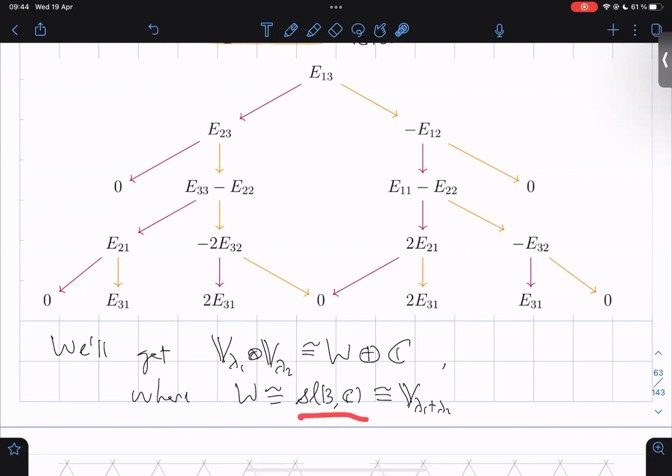You have trace-free matrices sitting inside all 3x3 matrices. What can you take as a basis for this trivial factor? It's just going to be the identity element, right? Because when I let an element from SL3 act on the identity element via the matrix commutator, you always get 0. So that clearly generates a trivial factor.